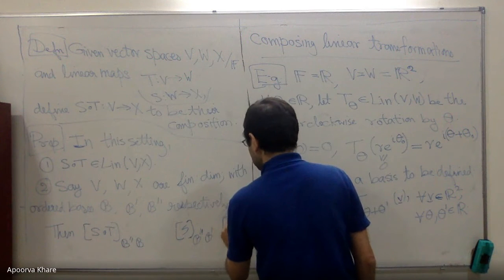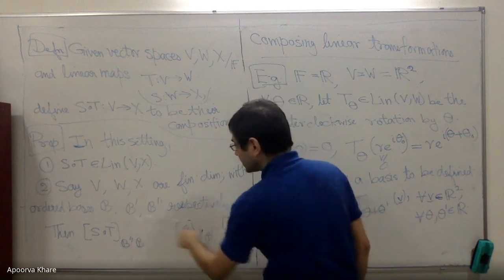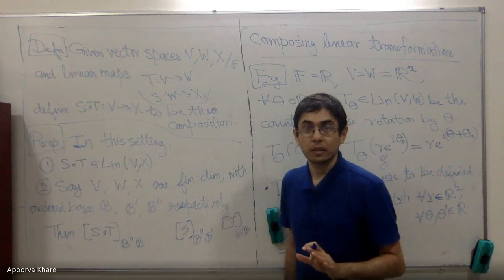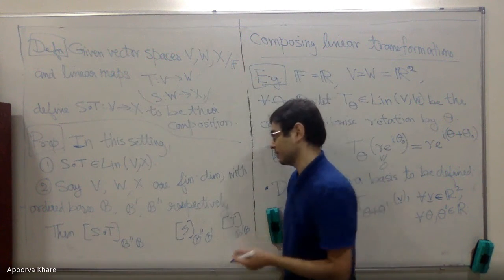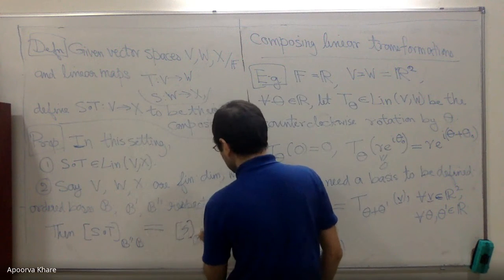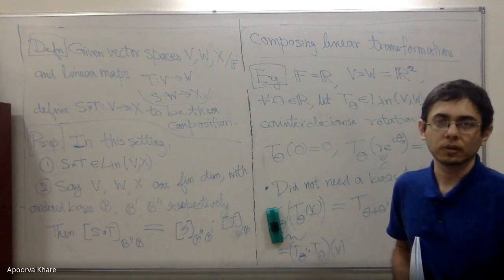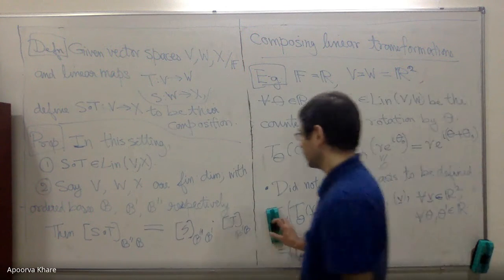And I can write down T, this is B prime and B. And all these three of them are now actual matrices of scalars in F. They are no longer linear transformations, they are matrices. And guess what? Indeed, this matrix is the product of those two. That is literally the theorem or the proposition.